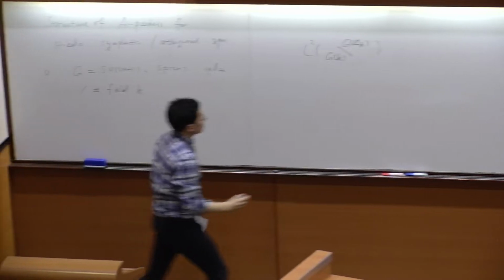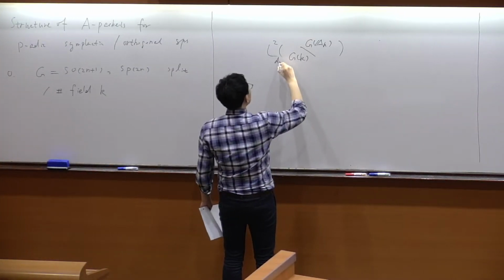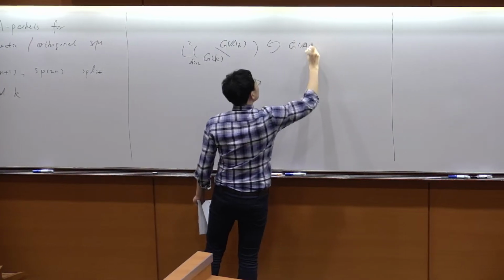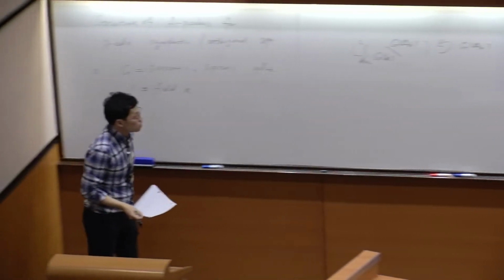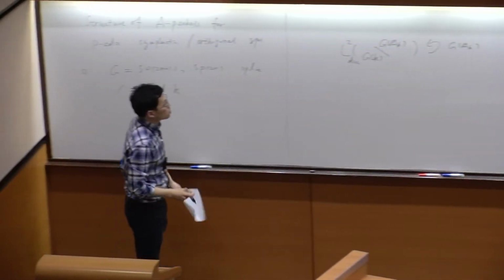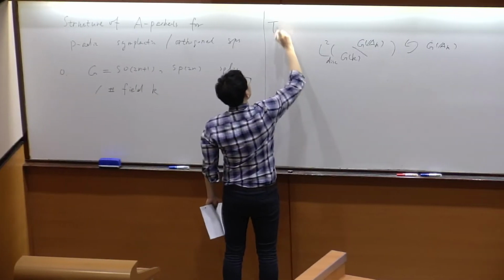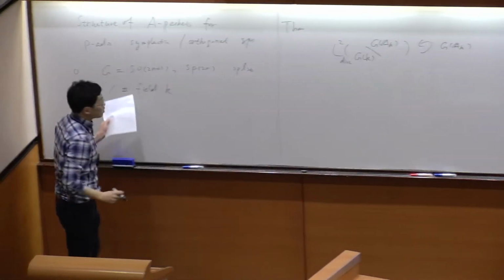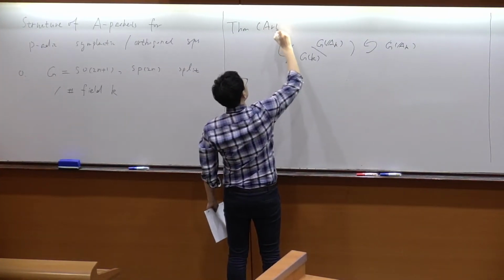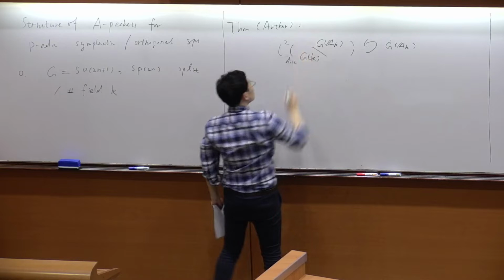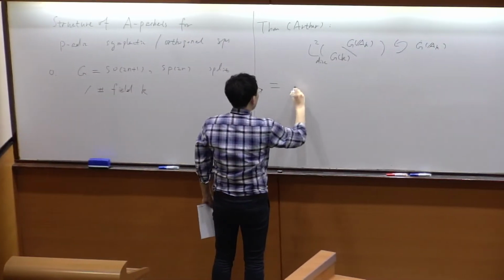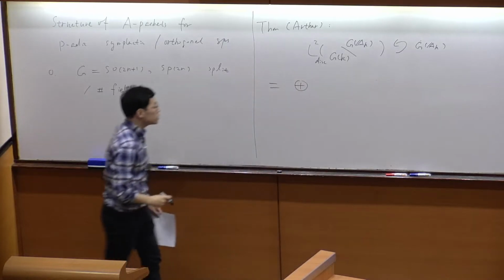Okay. And so let's say we take the discrete spectrum. So we want to understand the spectral decomposition of this one. And so in our case, since we take G to be orthogonal or symplectic, we have a theorem of Arthur telling us that we can decompose this according to the so-called Arthur parameters.